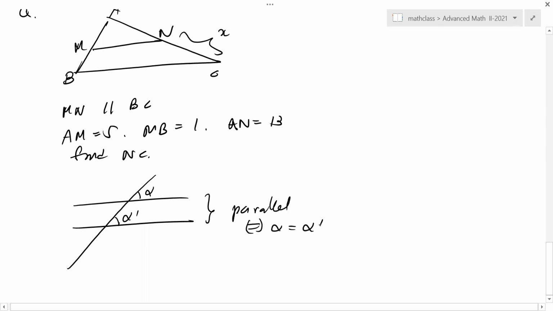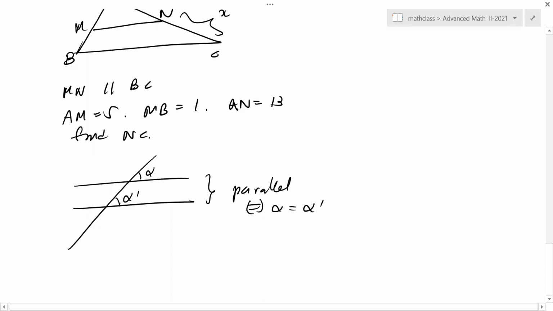So you get the same angle. Okay, alpha equals alpha prime, then it's two parallel lines. That's the definition.